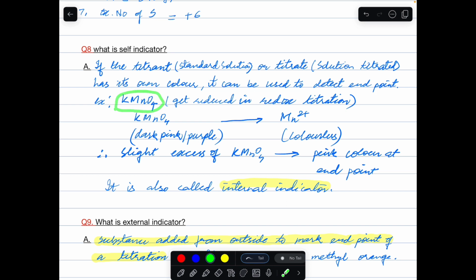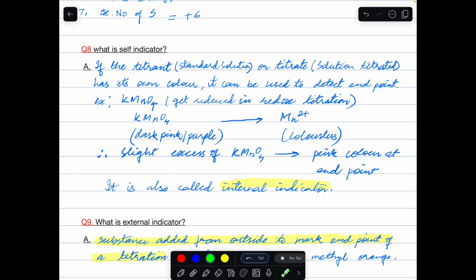Either the titrant, that is the standard solution whose concentration is known, like Mohr's salt solution, or the titrate, the substance for which we are finding the concentration, which is unknown for us, if either one of them has its own color, then it can be used to detect the endpoint.